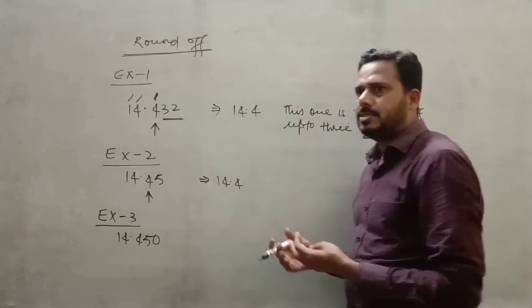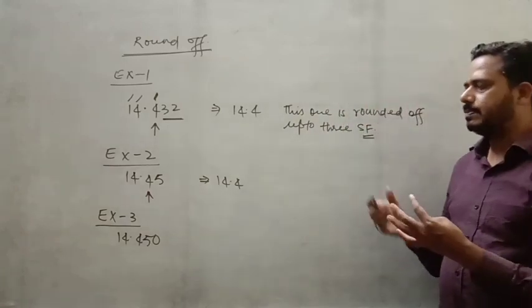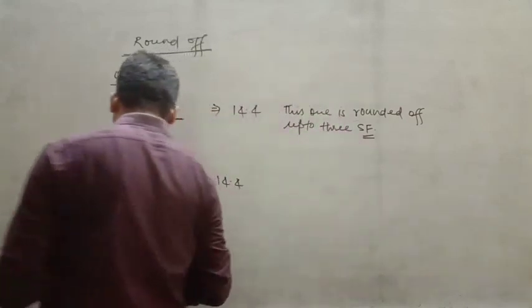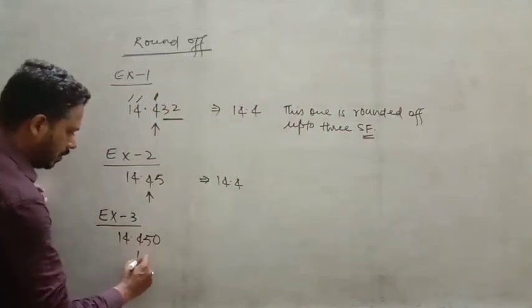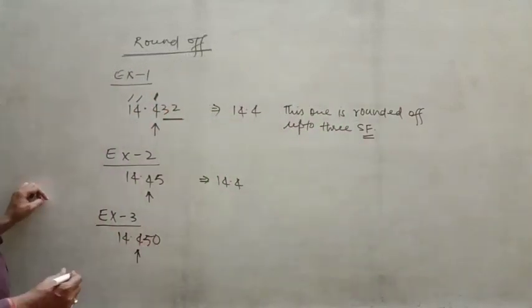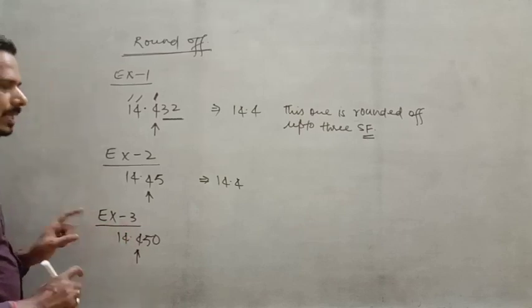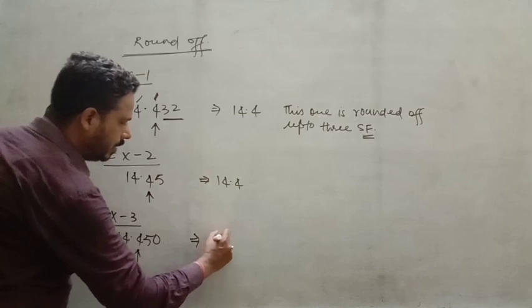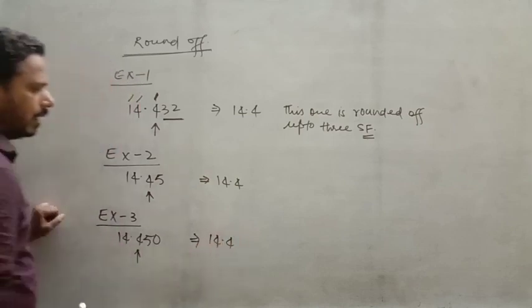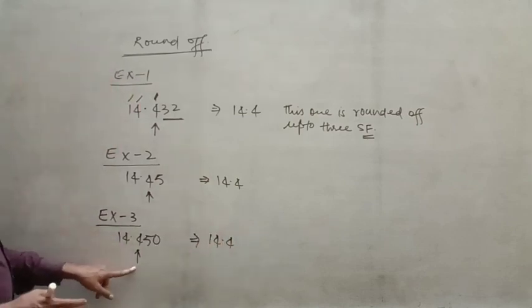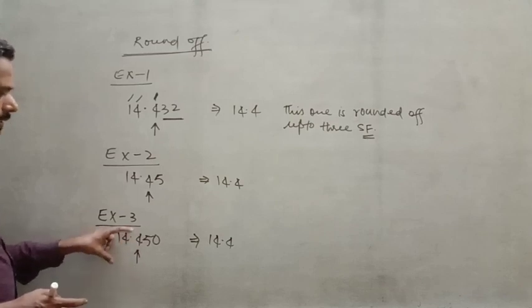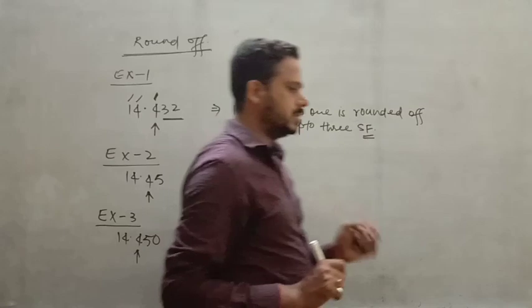It's just 0 and it doesn't affect the rounding off up to 3 significant digits at this number 4. That means your result will be the same, and that would also be 14.4 after rounding off up to 3 significant digits. That is 1, 2, 3. So your 4 comes on the third digit.